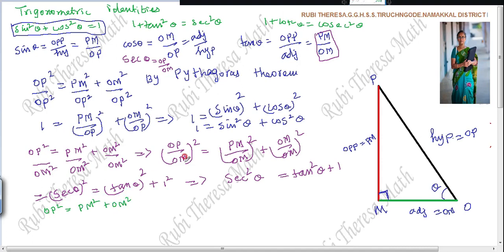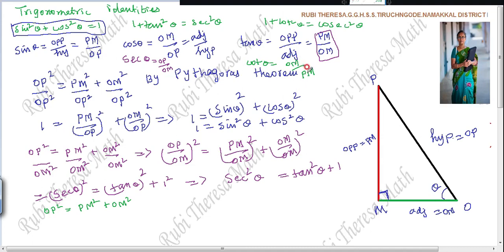So here, 1 plus cot squared theta equal to cosecant squared theta, so first you should find out cot theta. Cot theta is nothing but the reciprocal of PM by OM, so OM by PM.